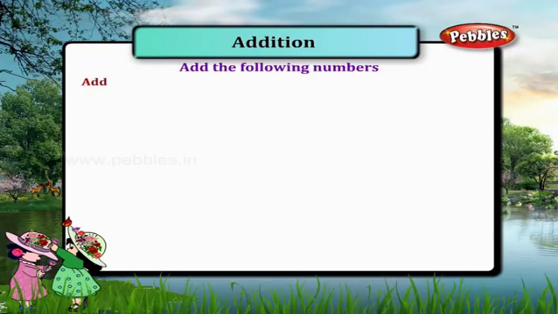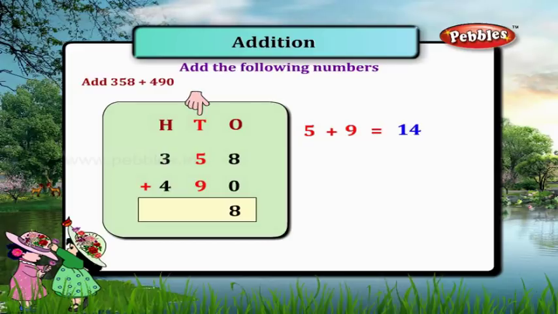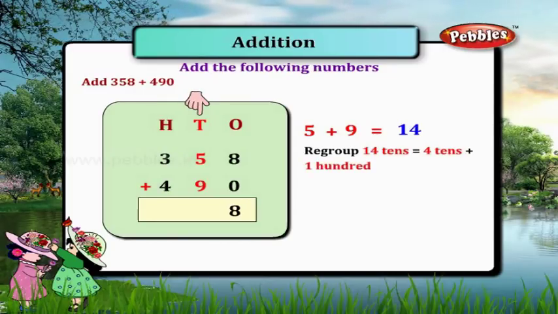Add 358 to 490. Add the ones. 8 plus 0 is equal to 8. Write 8 in the ones column. Add the tens. 5 plus 9 is equal to 14. Regroup 14 into 4 tens and 100.